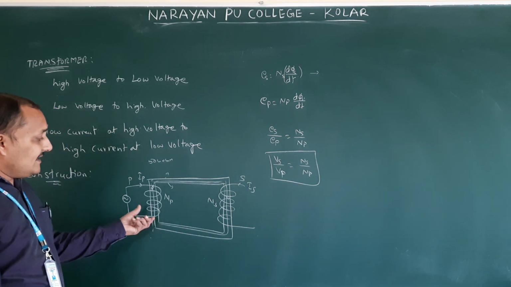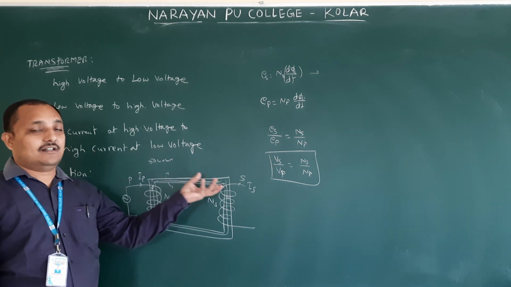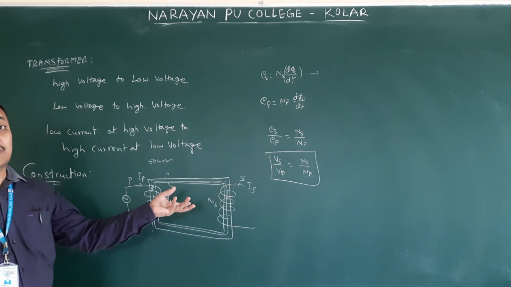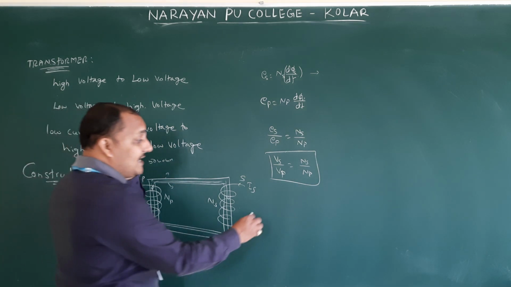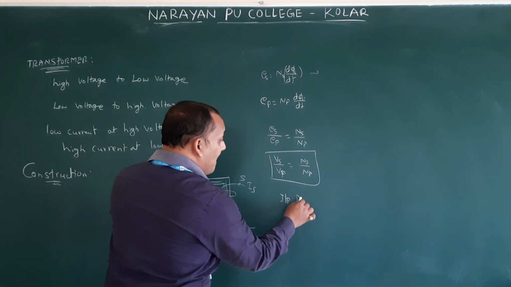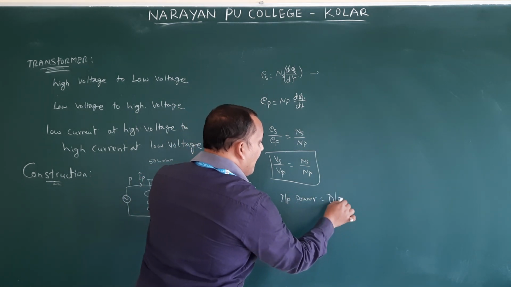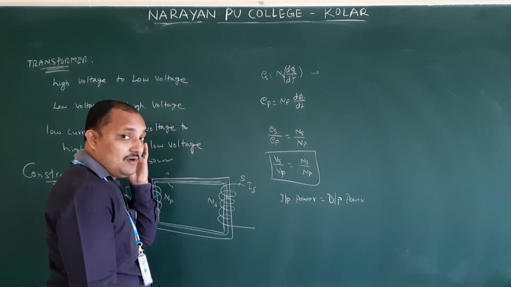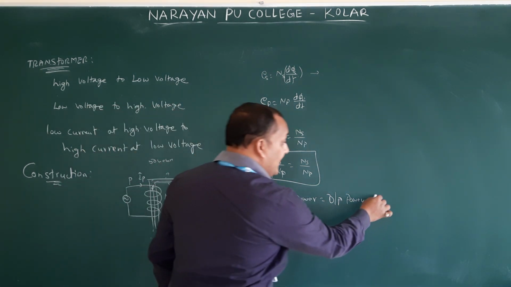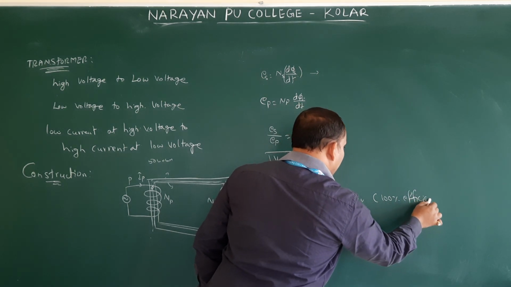If the total flux passing through is transferred, it means the transformer is 100% efficient. If the transformer is 100% efficient, input power is equal to output power. When? If the transformer is 100% efficient.